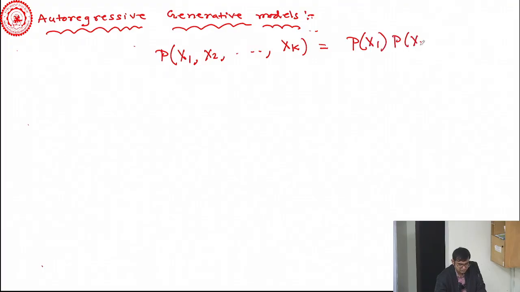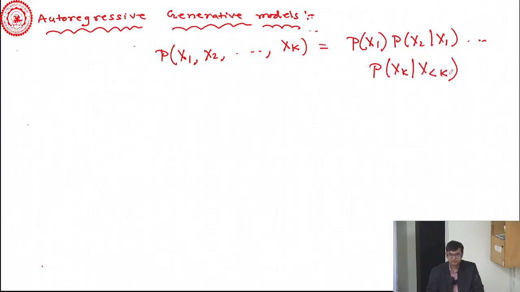And remember that which one is your x1, which one is your x2 might not have any meaning. If I'm doing it for an image, it's a choice. You will have to choose which one is your x1, which one is your x2, which one is your xk. But if you're doing it for a time series kind of model, you know what is your x1, x2, x3.